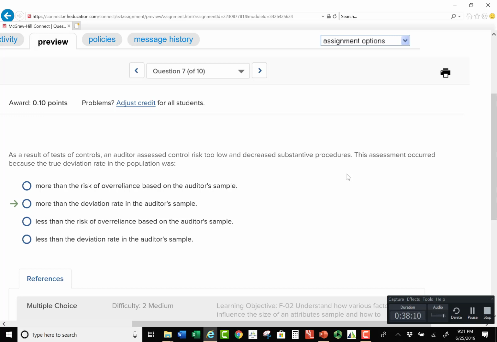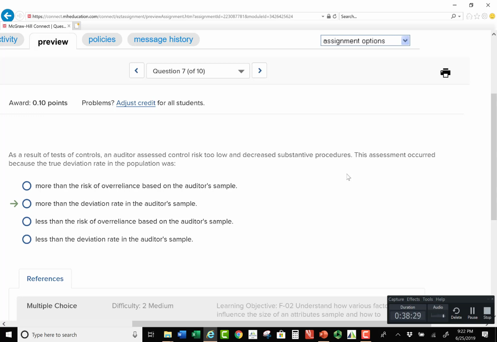This happened because what? The true deviation rate in the population was more than the deviation rate in the sample. The sample deviation rate was what? 0 divided by 4, or 0%. That was the sample deviation rate.